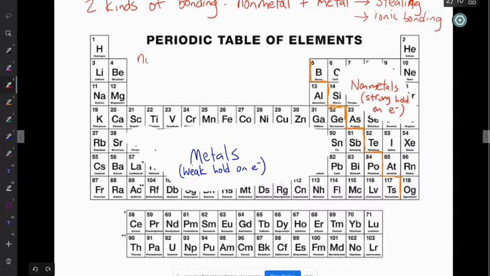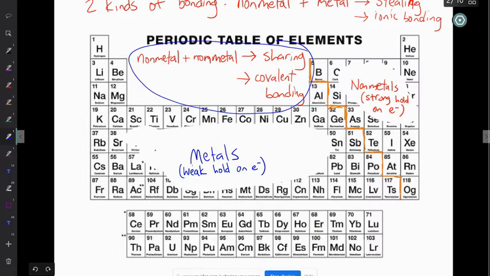When nonmetals meet other nonmetals, we get sharing, and we call it covalent bonding. And the focus of organic chemistry is going to be on this, covalent bonding.